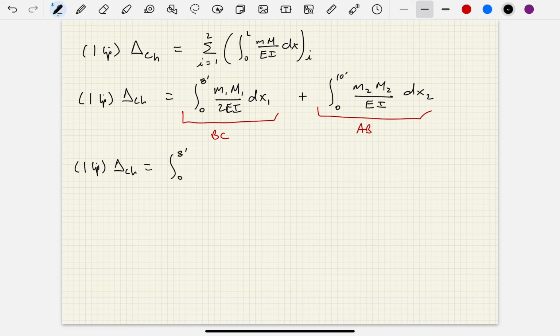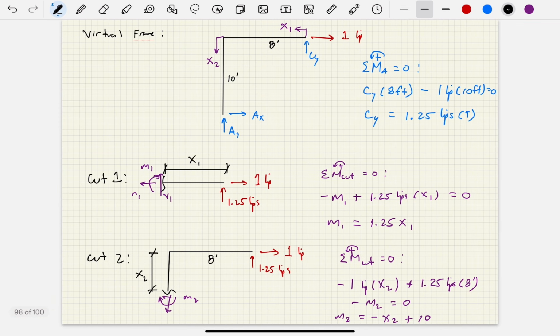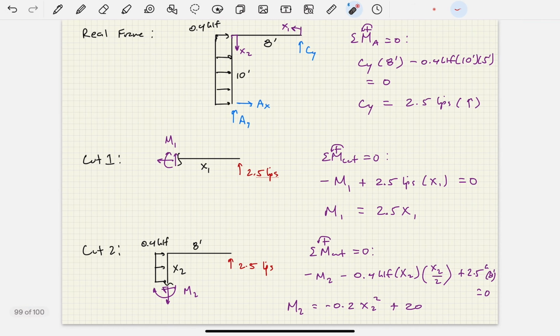0 to 8 feet, little m1 was 1.25 x1, capital M1 was 2.5 x1, all divided by 2EI dx1, plus integral 0 to 10 feet. What was little m2 and capital M2? Little m2 was negative x plus 10, and capital M2 was negative 0.2 x squared plus 20.